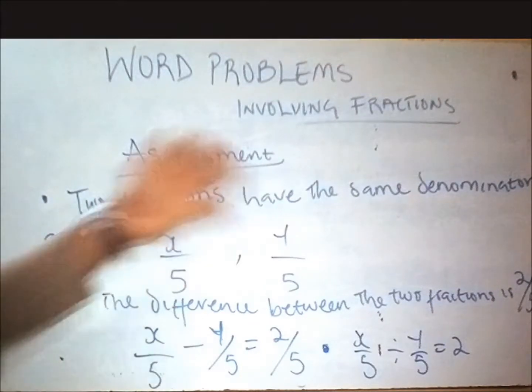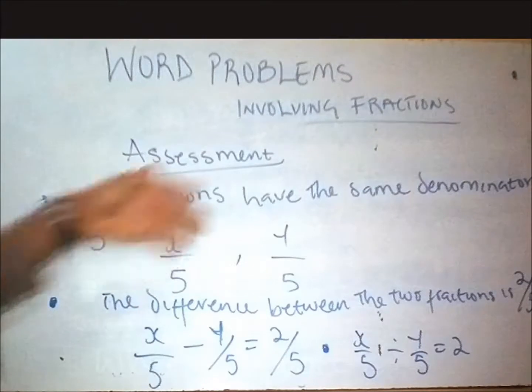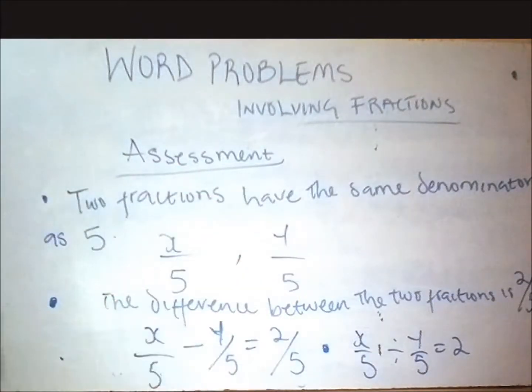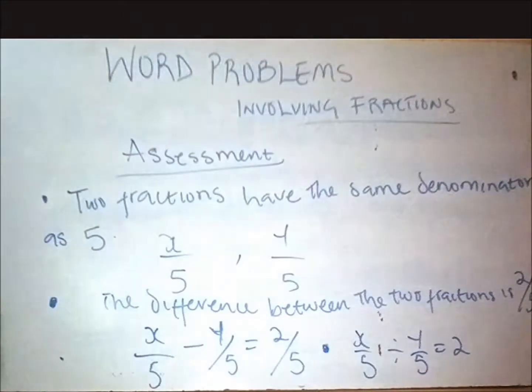So that is x over 5, y over 5. Now, the difference between the two fractions is 2 over 5, meaning that x over 5 minus y over 5 is 2 over 5. And the third point in the question is if we divide one of the fractions by the other, we get 2. So that's the third point.